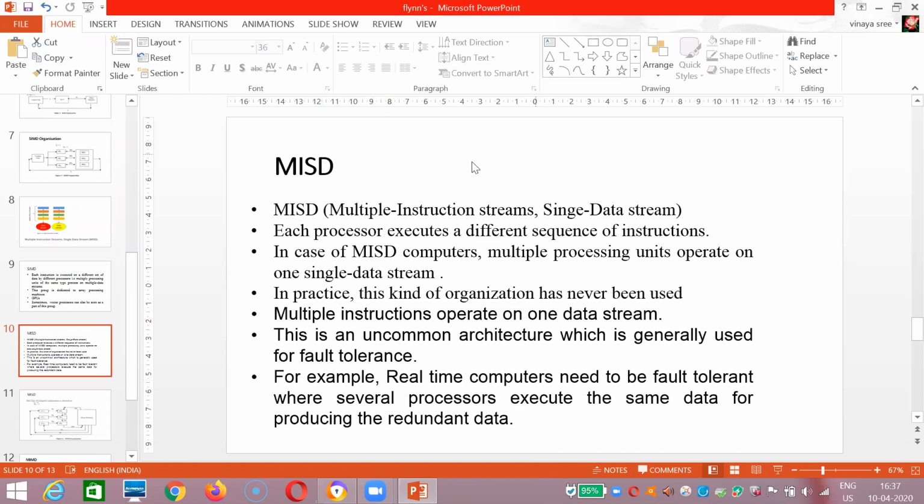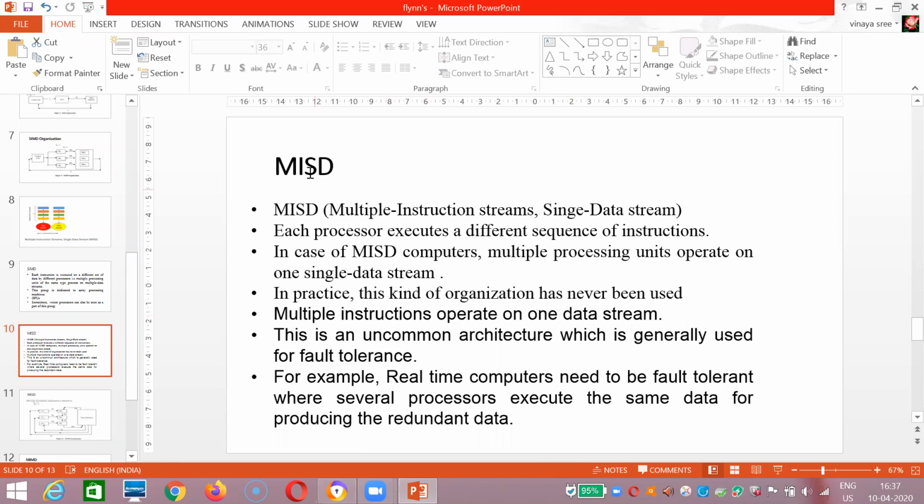If you provide the same data to different instructions, the final result will have some value, let us consider 9999. If in any place there is any modification, you can identify that there is a fault. So for that case you will use this. Actually, it is rarely used, for identifying where there is a fault.